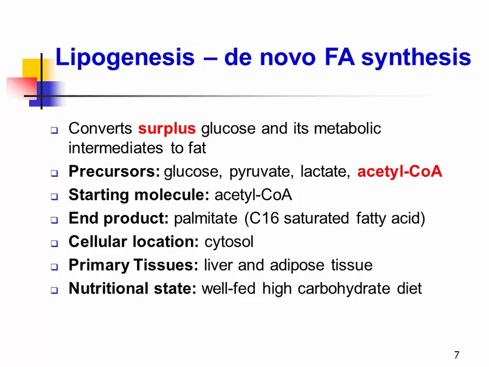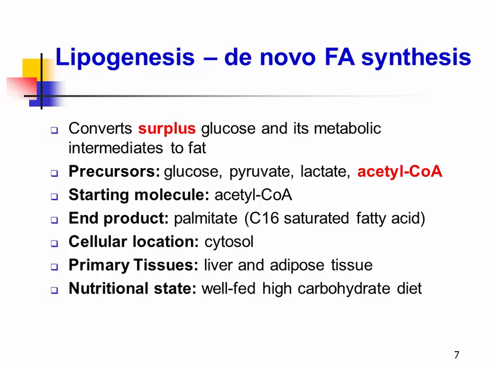Don't be confused with the starting molecule: the starting molecule is acetyl-CoA, but precursors are molecules or intermediates that can be metabolized to acetyl-CoA and used for fatty acid synthesis.